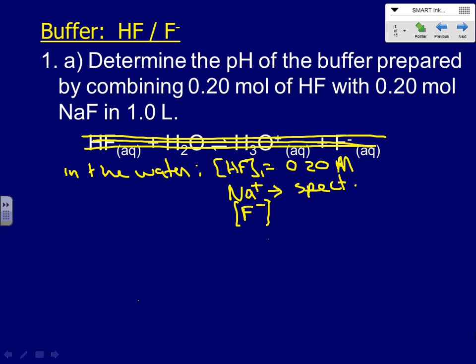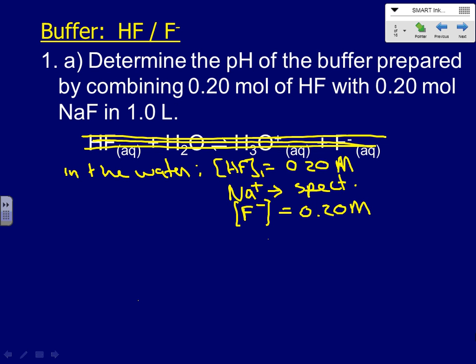What's the concentration of F- in this water? It's 0.2 as well. Be careful. If I had made it something like calcium fluoride, all right, I would need to double it, right? Everybody aware of that little trick that can be in there? So this is 0.20 molar because it's a 1-to-1 ratio.